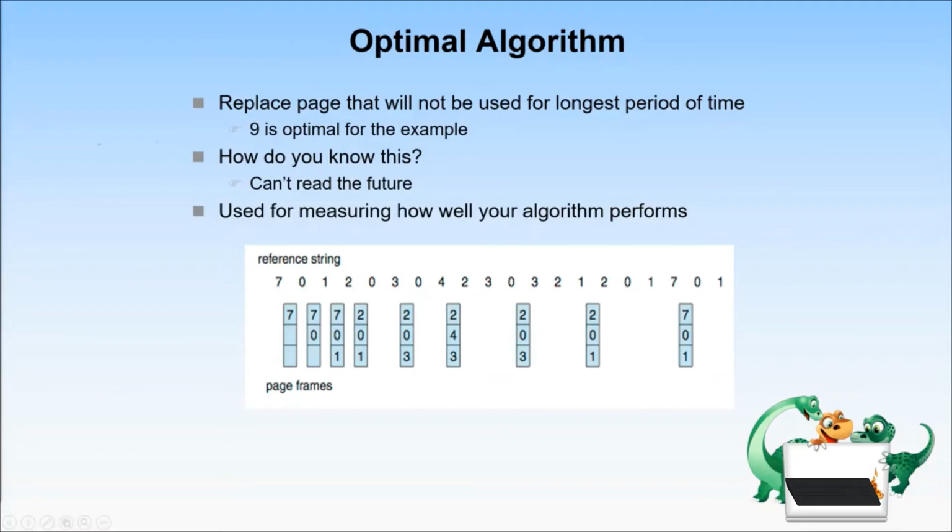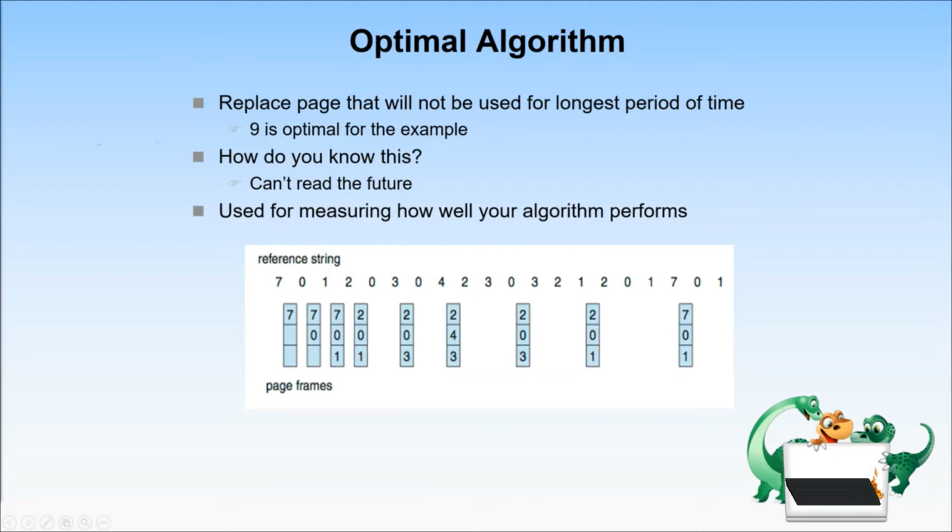The longest period would be 0, so replace 0 with 4. Then plot 2, already plotted. 3 is already plotted. Plot 0. 3 is next, so do not replace that. 2 is next. 4 will no longer be used here, so we replace it with 0.